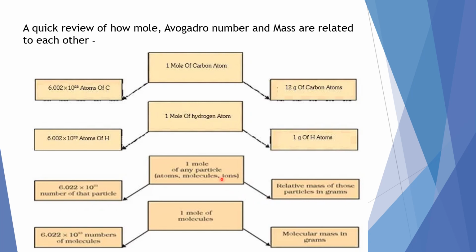Any particle we can count, or we can measure that value in grams. And 1 mole of molecules is the molecular mass in grams. So 1 mole of molecules, be it carbon dioxide or water or anything, we calculate and get the molecular mass in grams. For water, 1 mole of water molecules, what is the mass? 18 gram. Carbon dioxide, 44 gram, same like that.